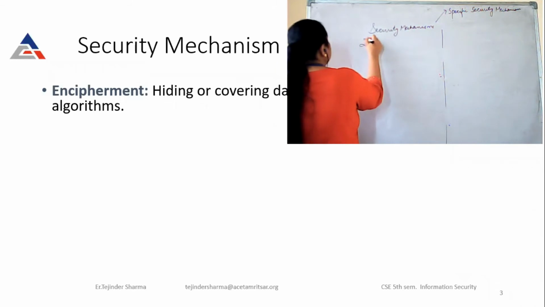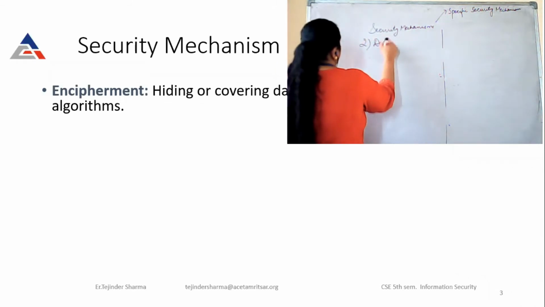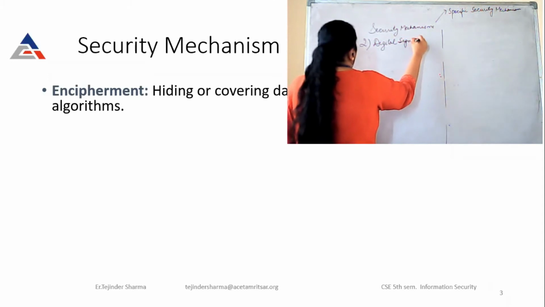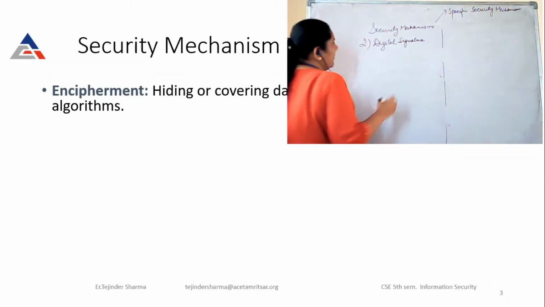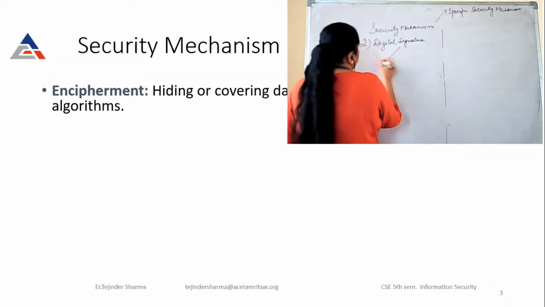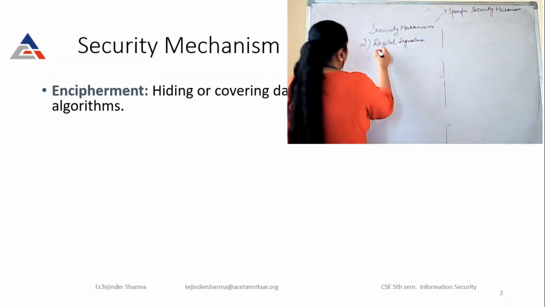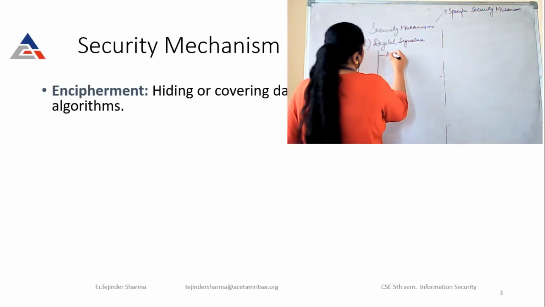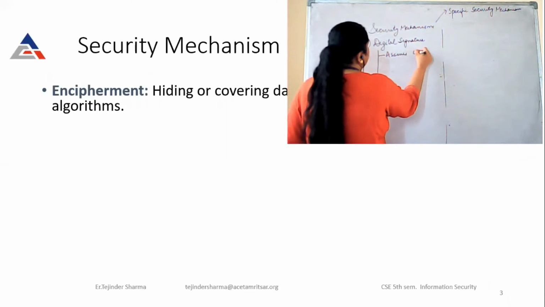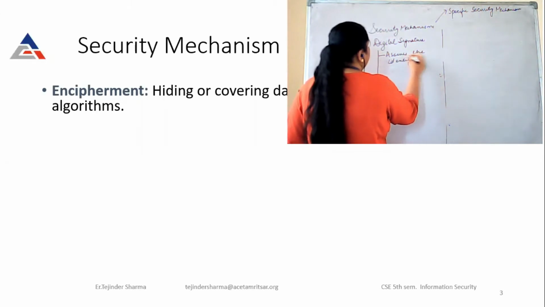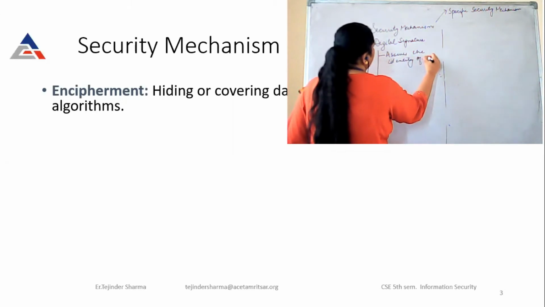Next is the digital signature. What is its objective? First, it assures the identity of the entity, or the identity of the user, sender or receiver.